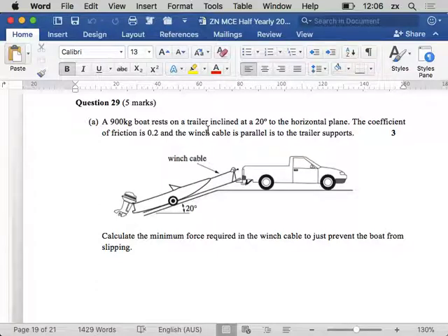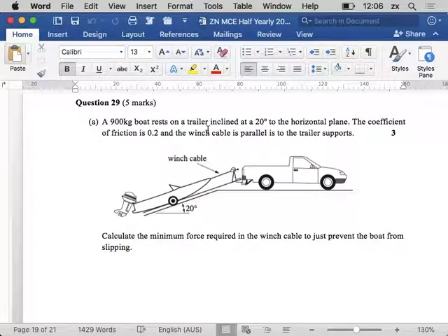What we can then do is bring our T over to this side. Taking this to the other side, we change the sign, so we get mg sine theta, and we change the sign for this one here as well, FF.